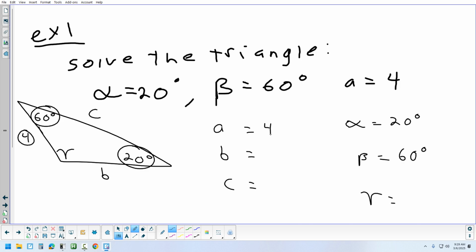Now, when we solved right triangles, I told you you could do anything you want in any order. Didn't matter what you find first. Here, you have a couple options, but you definitely cannot find C first. That's impossible. The reason you can't find C is because that row is completely empty.